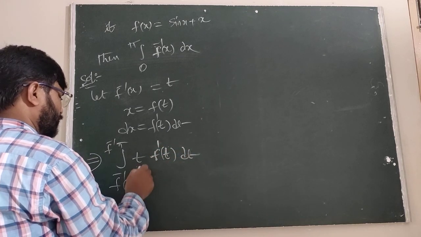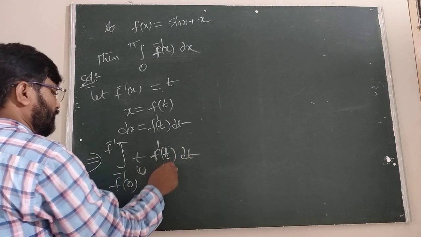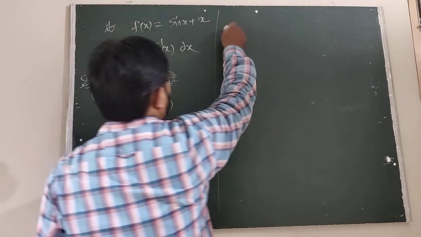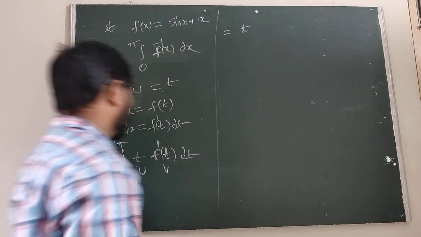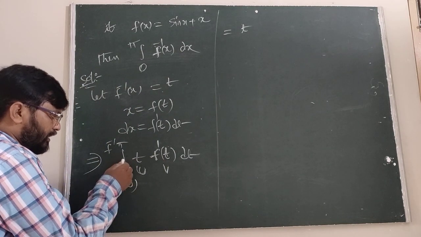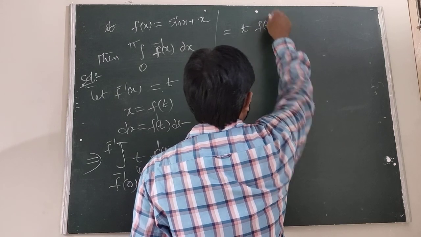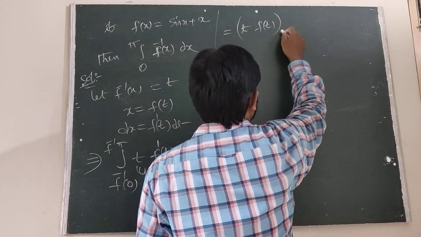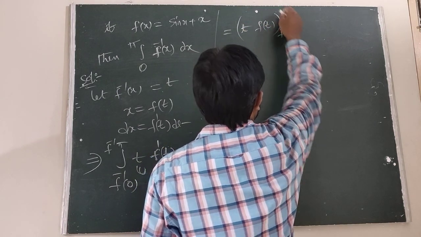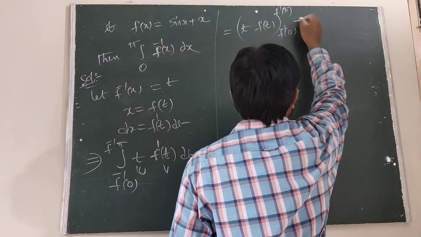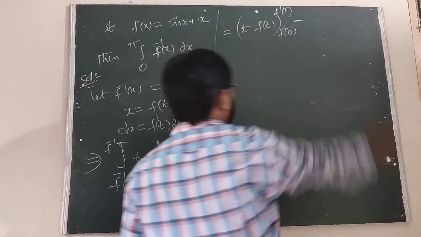We take u and v and apply integration by parts: the first, t, into the integral of the second, where derivative and integral cancel, giving f of t, with limits f inverse of 0 to f inverse of pi.